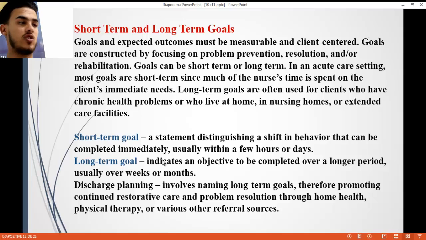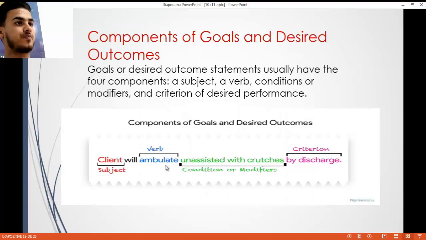That means a short-term goal is something that you are expecting to happen in the coming hours or days, in a short time, while a long-term goal is the aim that you are expecting to happen after a long period of time.